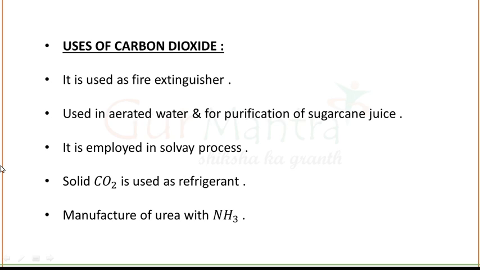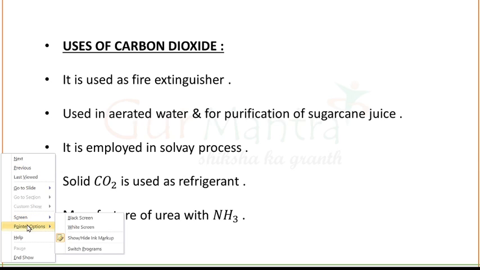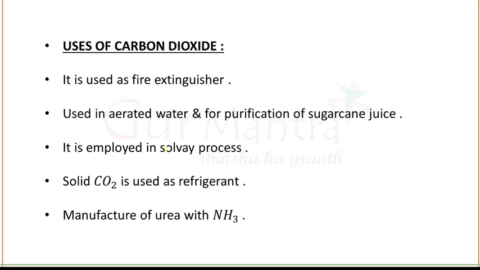You have to memorize this point. Solid CO2 is used as a refrigerant. And this CO2 is also helpful in the manufacturing of urea with NH3. These are some uses of carbon dioxide.